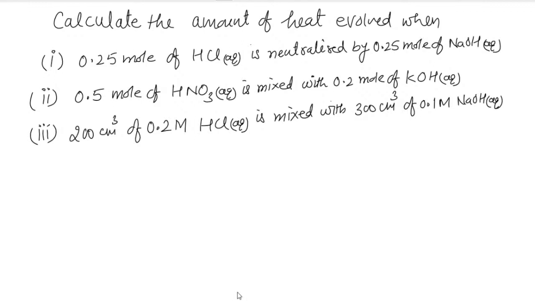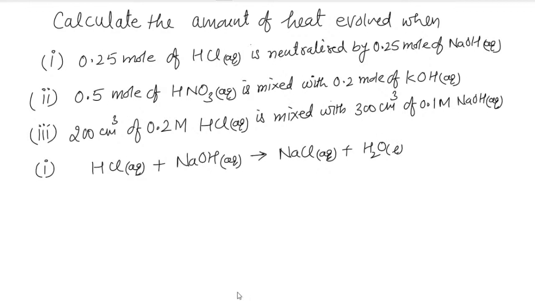So, in the first case we have 0.25 mole of HCl and 0.25 mole of sodium hydroxide. The reaction between HCl and sodium hydroxide will give sodium chloride aqueous along with H2O liquid, or simply it is the reaction between H plus aqueous and OH negative aqueous to give H2O liquid.